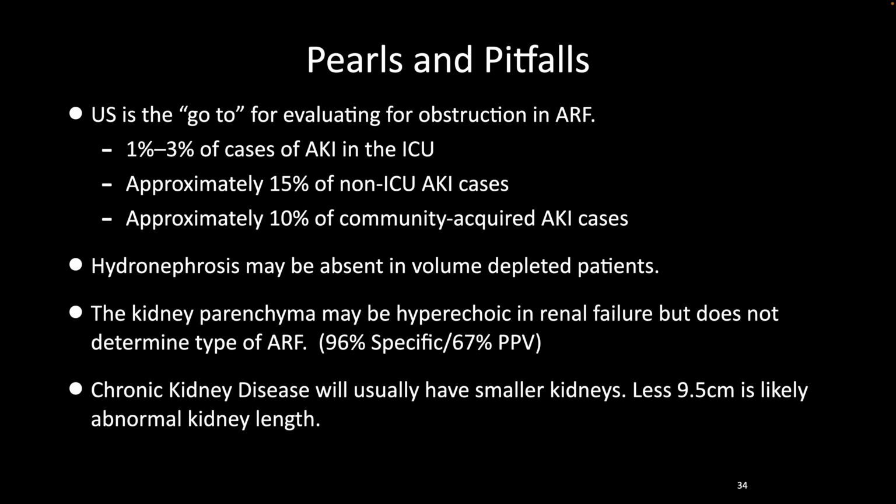Another additional thing is we may stumble across patients with chronic kidney disease. Maybe they have not had any care and they show up and they have a creatinine of 3. We may recognize that they have smaller kidneys. Now, kidneys less than 9.5 centimeters in length are likely abnormal. That's probably been abnormal over time for them and may represent chronic kidney disease over an acute renal failure.